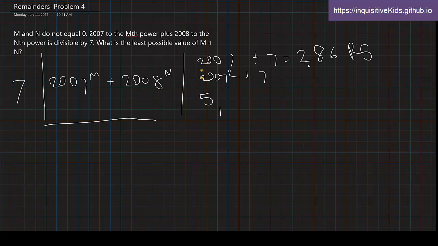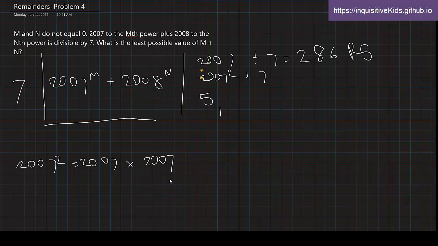Well, that remainder, right? We talked about this, I believe, in the second problem. If we know that the first one has a remainder of 5, remember 2007 to the second power is equal to 2007 times 2007. And remember, the remainder of the product is equal to the product of the remainders.